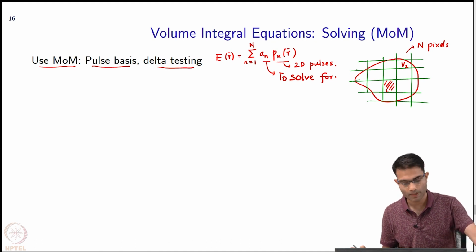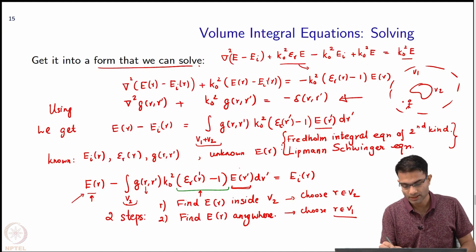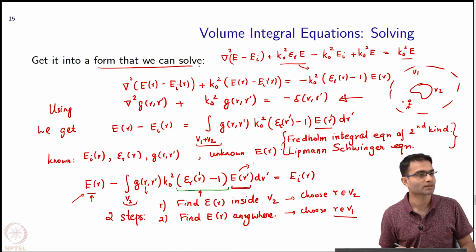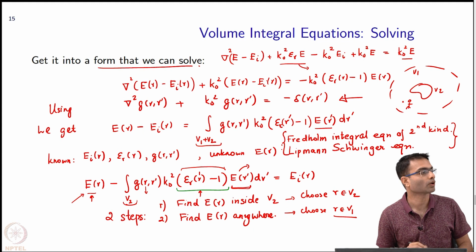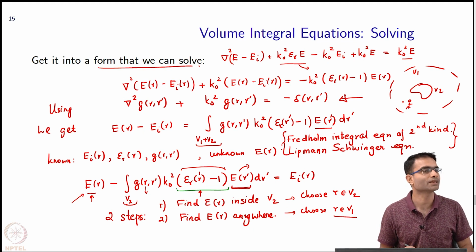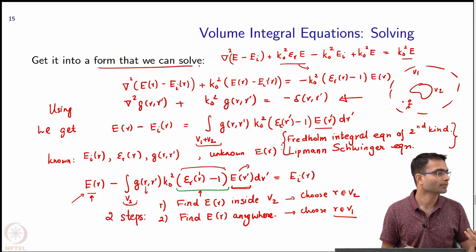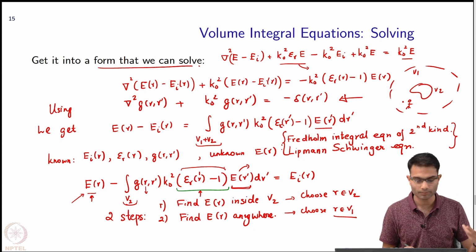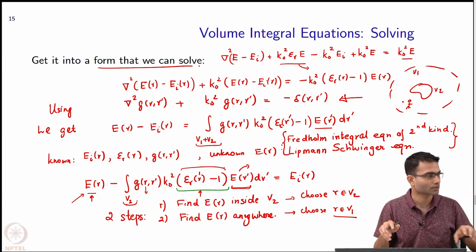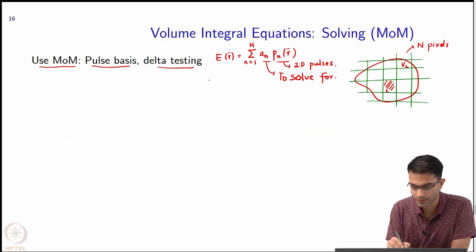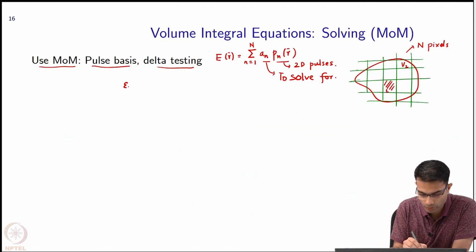Now, if you look back at this equation over here, this is what I am discretizing as pulses. There is this term also over here which is going to appear everywhere. So, may as well discretize that also into pulses, because when I do the integration it will split over all the pulses, right. I am going to write this epsilon_r minus 1.